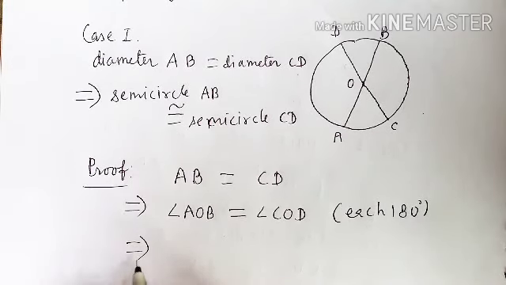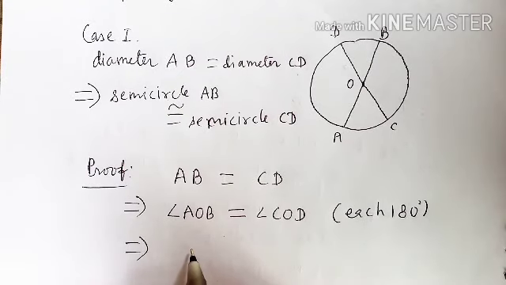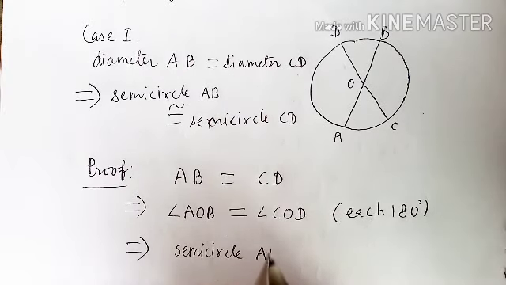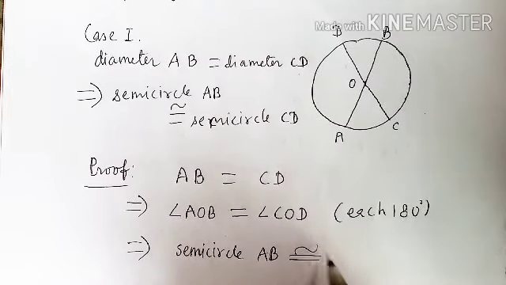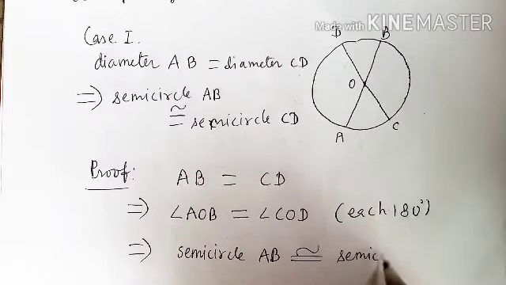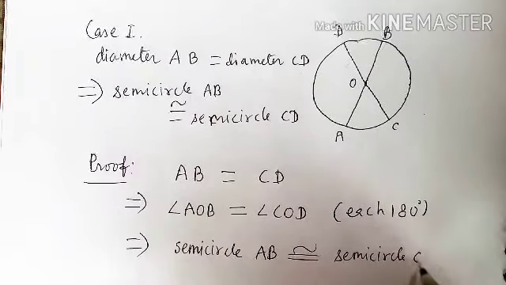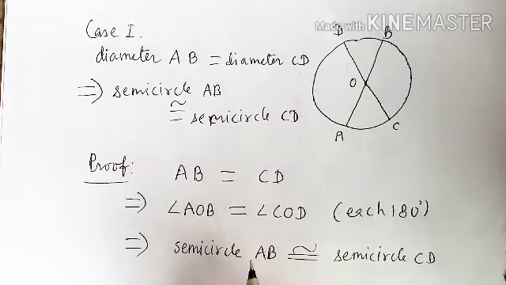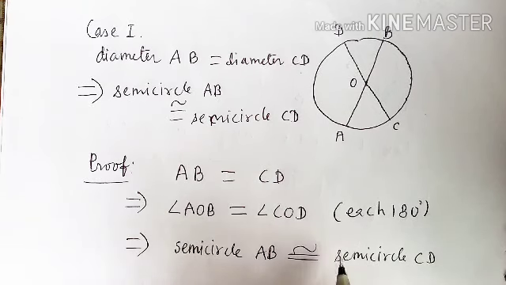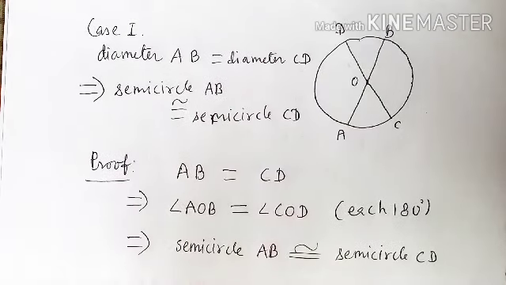This implies that semicircle AB is congruent to semicircle CD, because you have studied that two arcs are congruent if and only if their central angles are equal. Here central angles are equal, this implies that semicircle AB is congruent to semicircle CD.